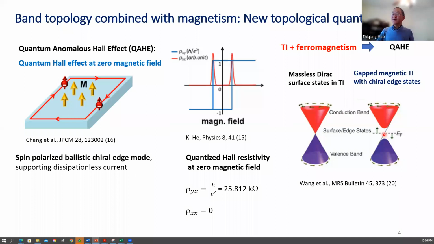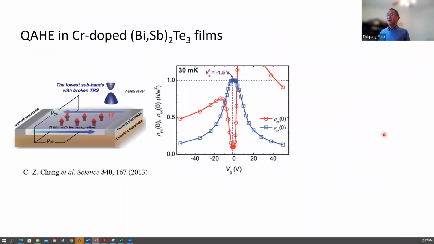The first observation of the quantum anomalous Hall effect was in chromium doped bismuth antimony telluride films. This work was done by Trezu, my colleague, together with his collaborators. They demonstrated zero field Hall resistivity quantization as shown here.